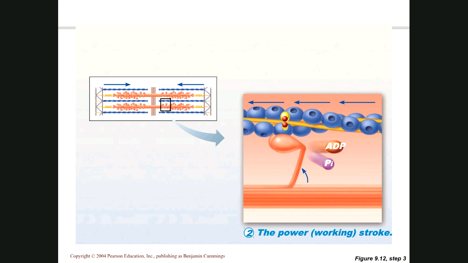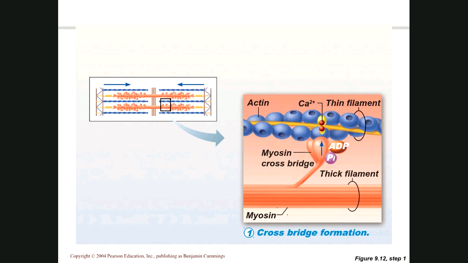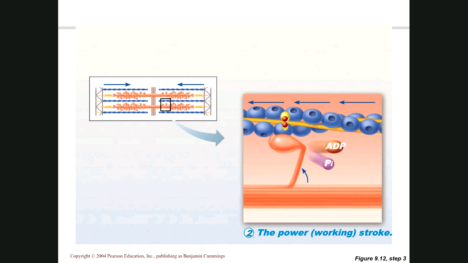Look at what happens. ADP and phosphorus leave. The minute the myosin head binds to the actin, ADP and phosphorus leave. And you can see how when that happens, look at the position of the myosin.